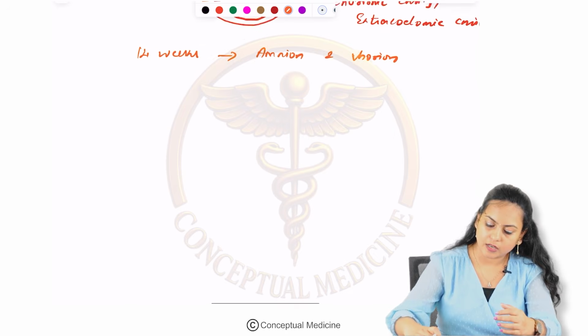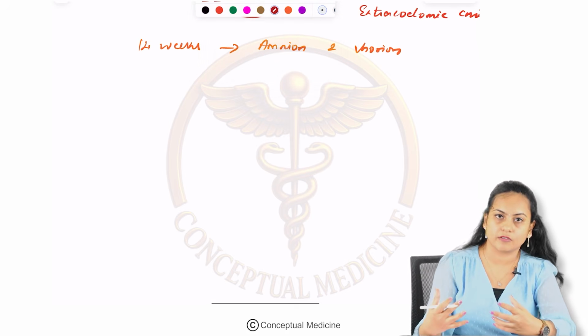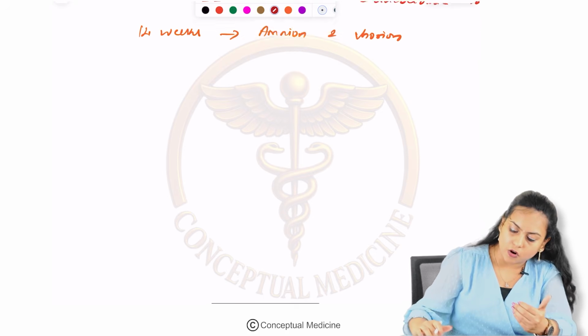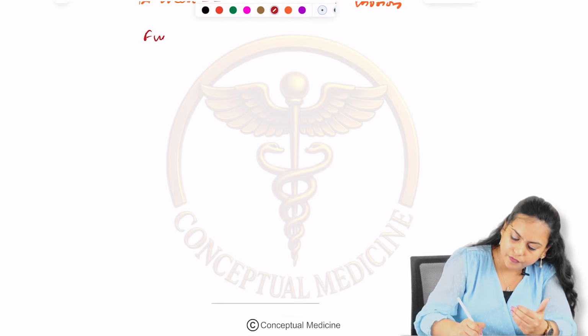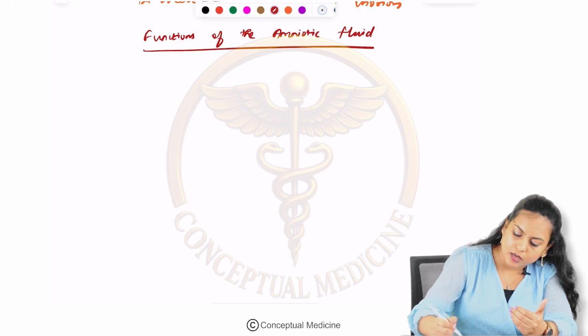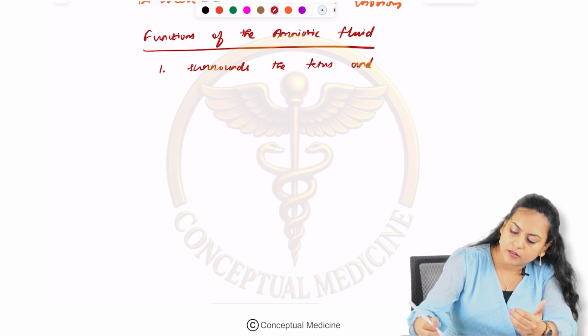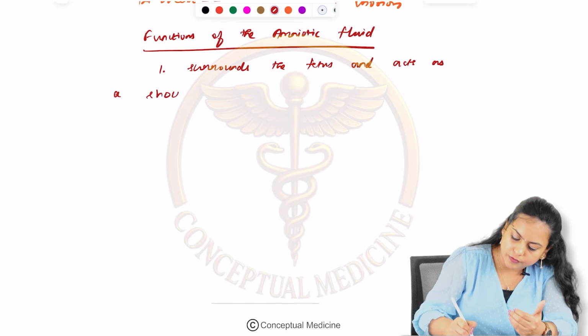So, first we will see why this fluid has to surround the fetus. What are the functions of this amniotic fluid? Number one, this fluid surrounds the fetus and acts as a shock absorber.